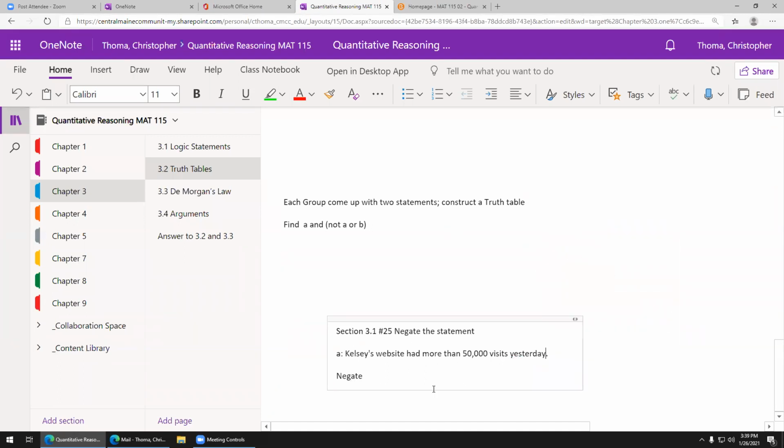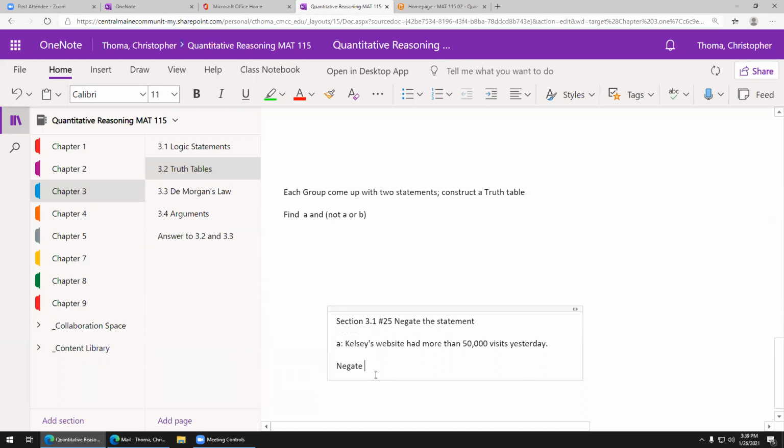It's hard to type with a book under your forearms as you're typing and reading. So negate A. How would we negate this? Any ideas? So the answer says instead of the word had, did not have.